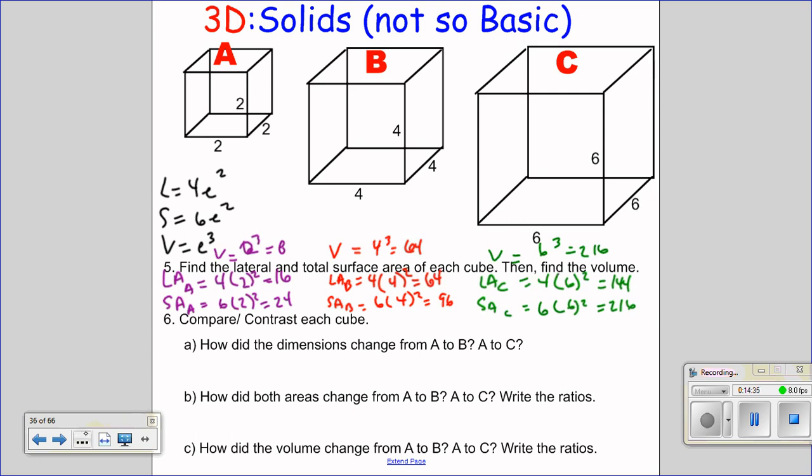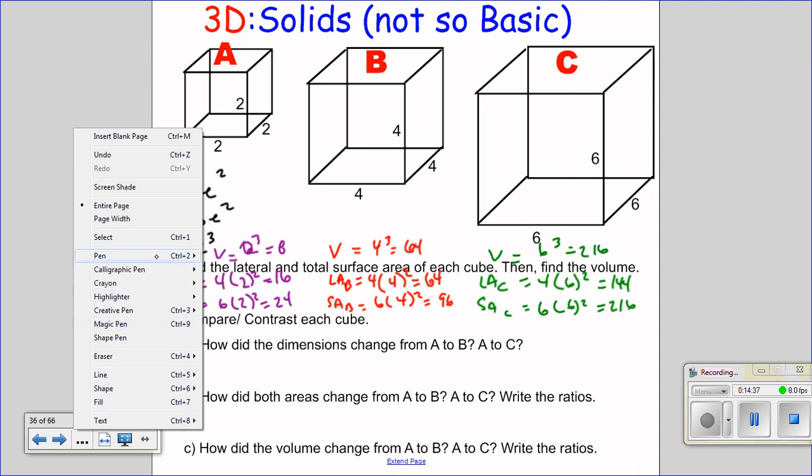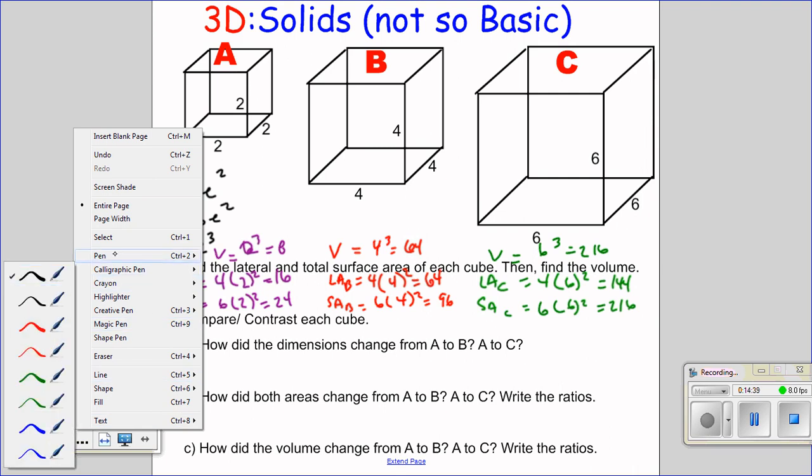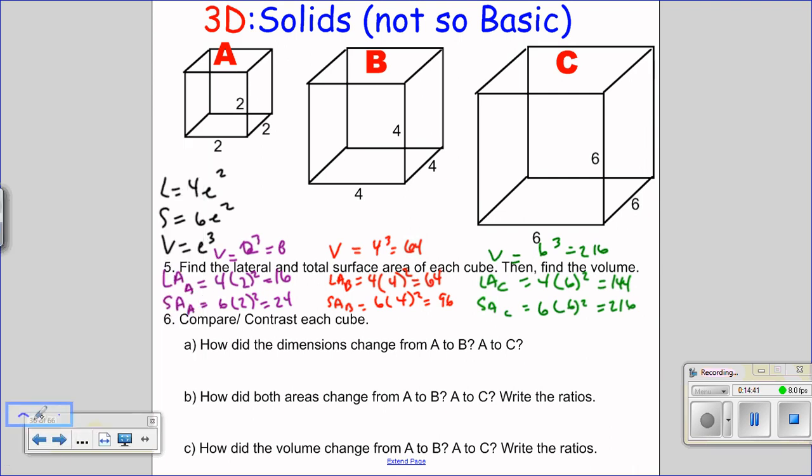Now time to compare and contrast. From cube A to B, the dimensions were doubled, because 4 is 2 times 2, so 2 times as large.